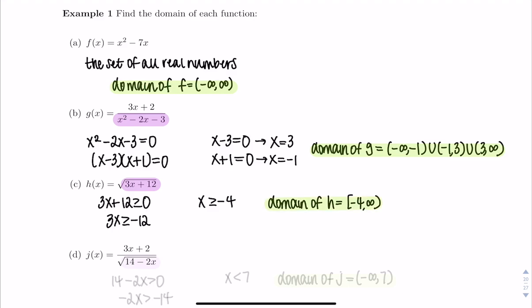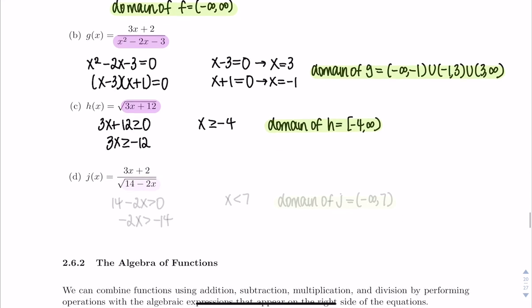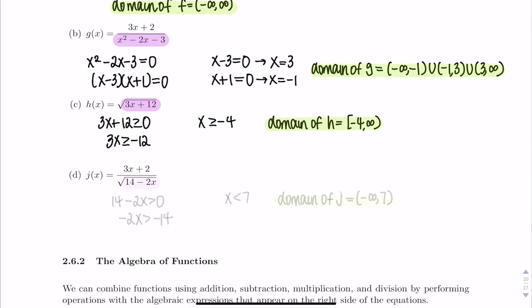And go ahead and pause the video and try the last one for yourself. In this one, it contains both an even root and a division. So we know that if it was just an even root, it's greater than or equal to 0. But because we can't divide by 0, it has to be strictly greater than 0. So we're going to take the 14 minus 2x and set it greater than 0.